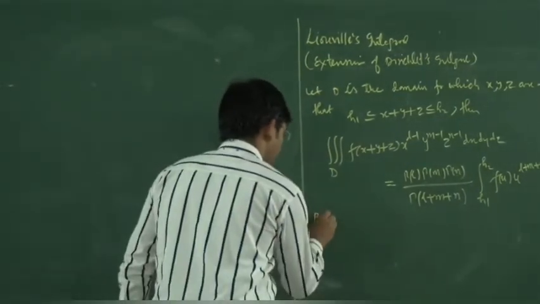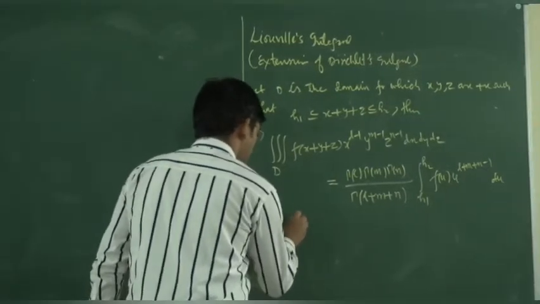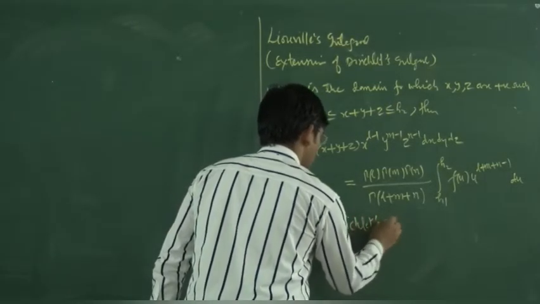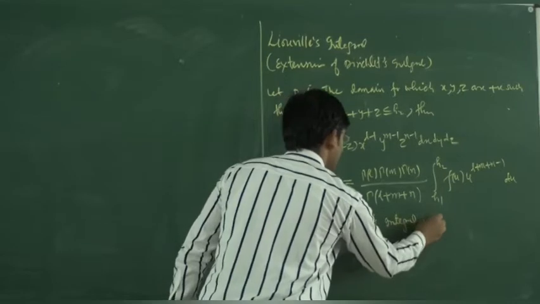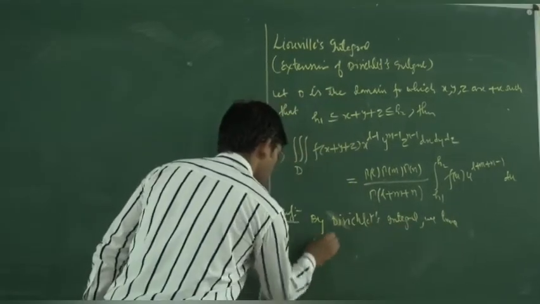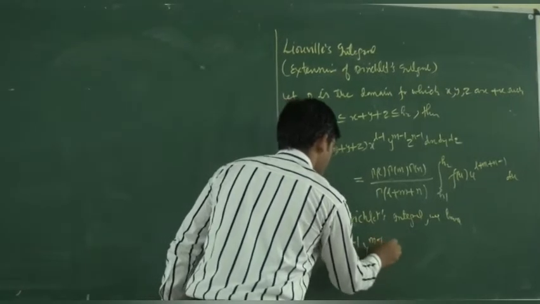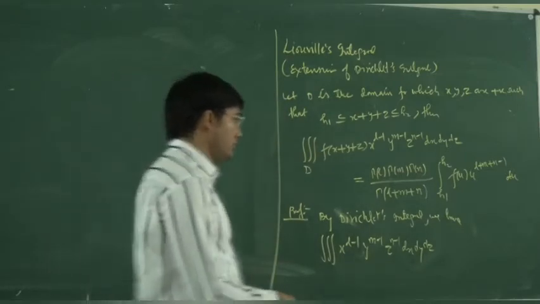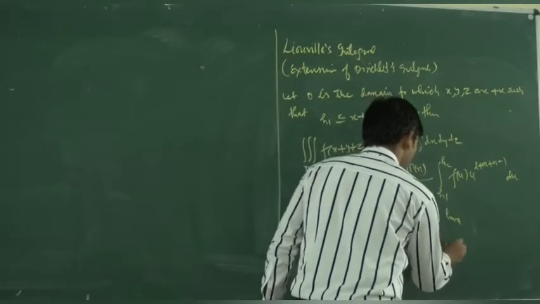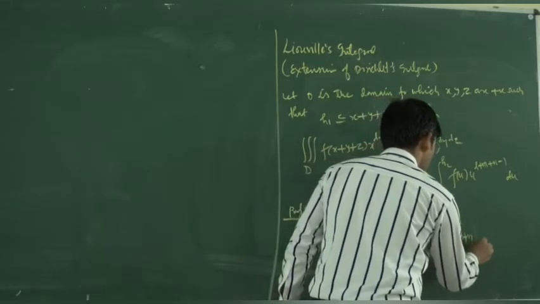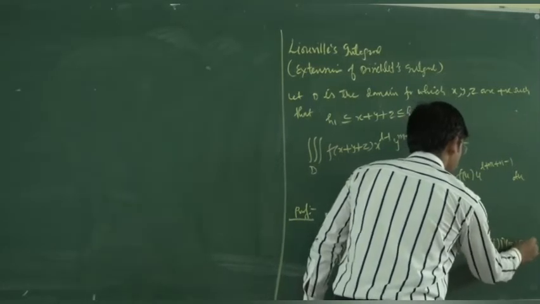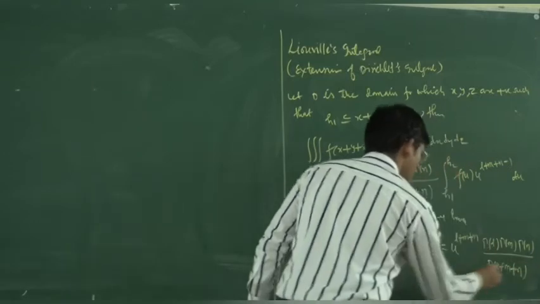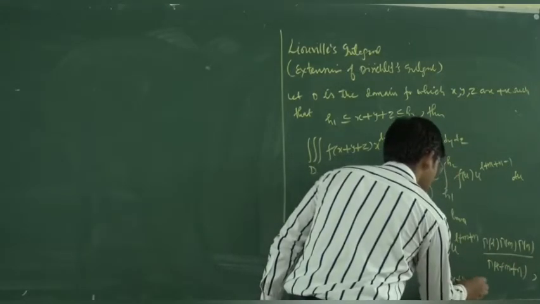So proof by Dirichlet integral, we have this triple integral equal to, the value of this triple integral was, now let us assume we have this triple integral equal to u power l plus m plus n into gamma l, gamma m, gamma n upon gamma l plus m plus n plus 1, whenever x plus y plus z is less than or equal to u.